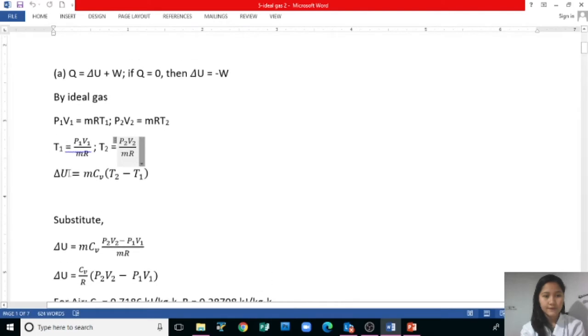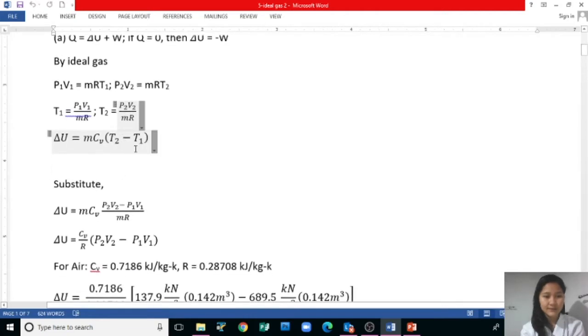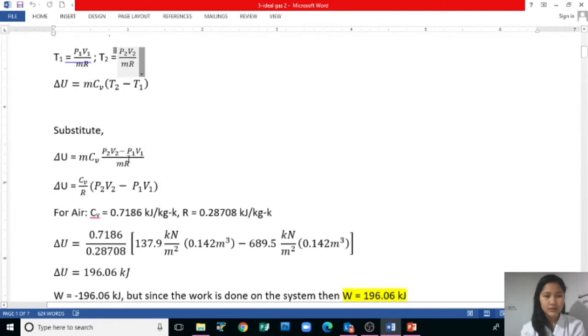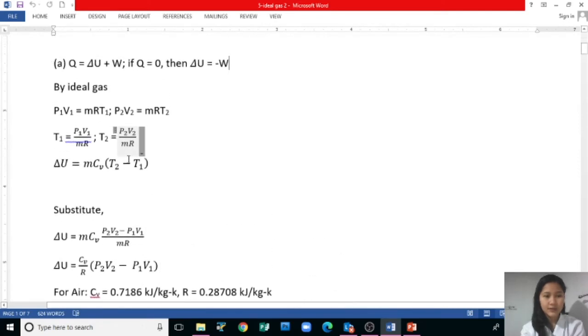Now we have delta U is equal to m, or the mass, times the specific heat times the change in temperature, or the delta T. Then since we already have the equations, we just have to substitute the values.